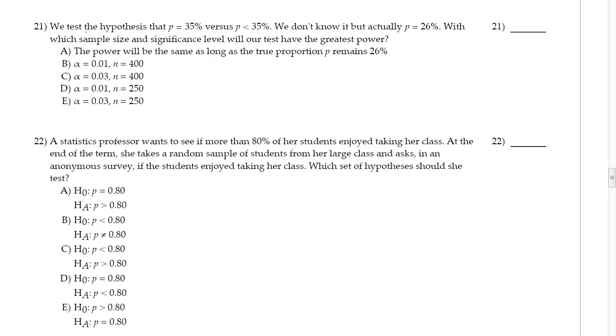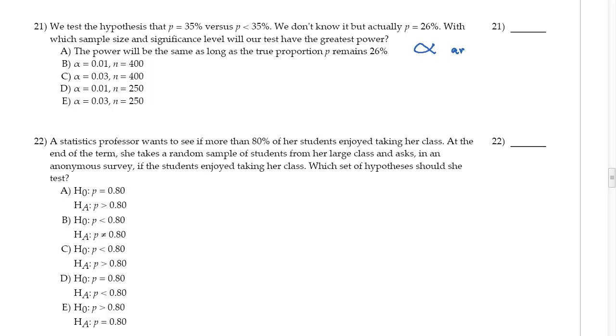So 21. We test the hypothesis P is equal to 35 versus P is less than 35. We don't know it, but actually P is equal to 26%. With which sample size and significance level will our test have the greatest power?